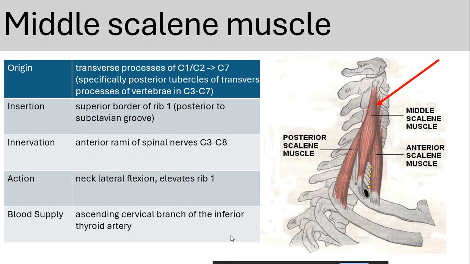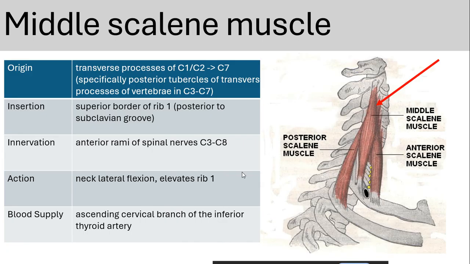Middle scalene muscle: origin, transverse processes of C1, C2, C7, specifically posterior tubercles of transverse processes of vertebrae C3 to C7. Insertion: superior border of rib 1, posterior to the subclavian groove. Innervation: anterior rami of spinal nerves C3 to C8. Action: neck lateral flexion, elevates rib 1. Blood supply: ascending cervical branch of the inferior thyroid artery.